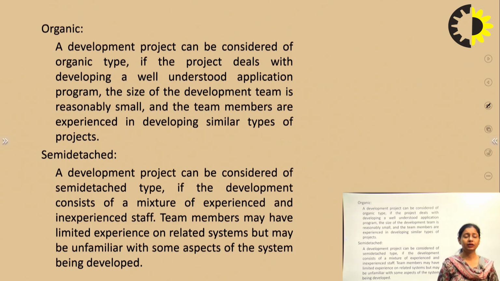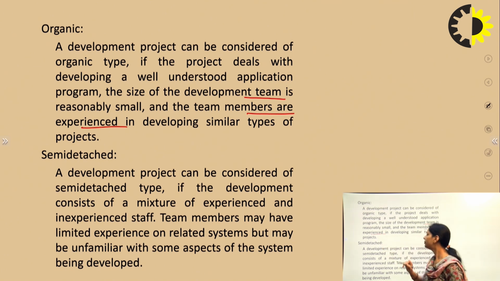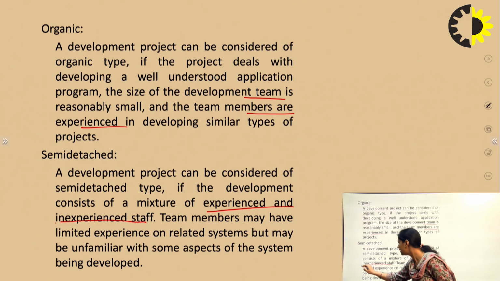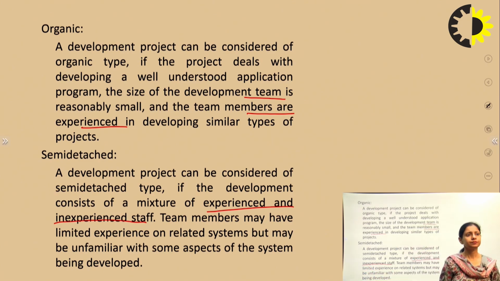When we talked about the organic system, we had three things: the development size is small, the team size is small, and the team members were experienced. But when we talk about semi-detached, here we have a team of experienced and inexperienced staff. That is the major difference between the organic and the semi-detached mode.